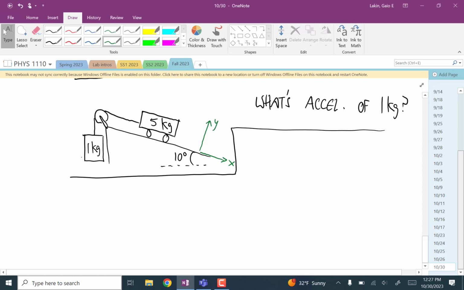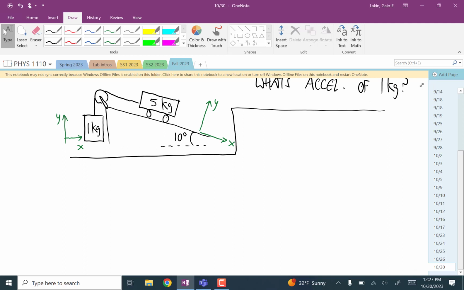When we're dealing with the hanging mass, we're going to use a regular coordinate system. And you have to start by choosing one of these bodies to look at first. It doesn't matter which one you choose. I just tend to always do the one that's farthest on the left, so I'm going to start with the hanging mass.